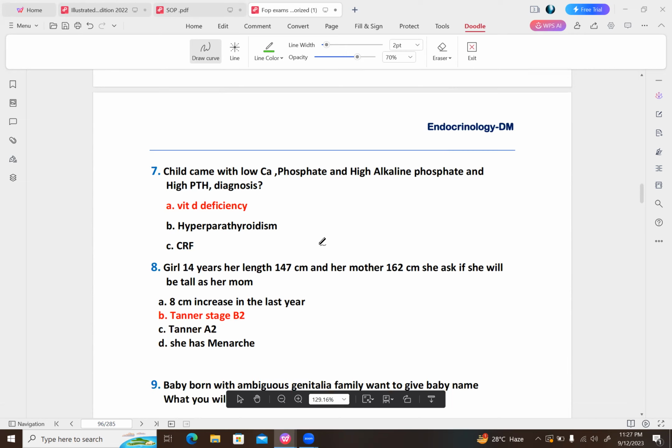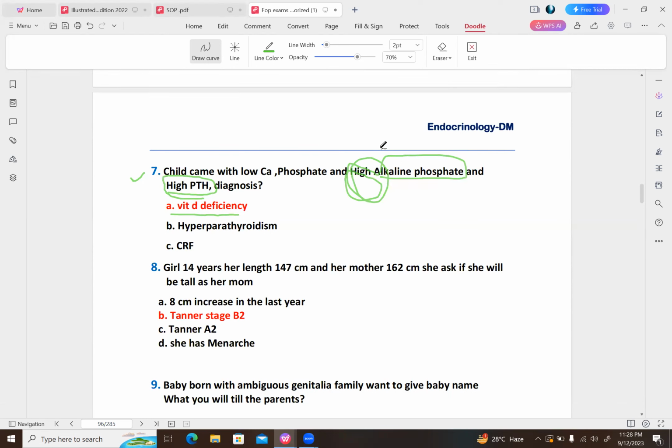Yes, there is a beautiful table for this. I will show. I always detect vitamin D deficiency by just looking at a very high alkaline phosphatase. Whenever alkaline phosphatase is high, this is always vitamin D deficiency.